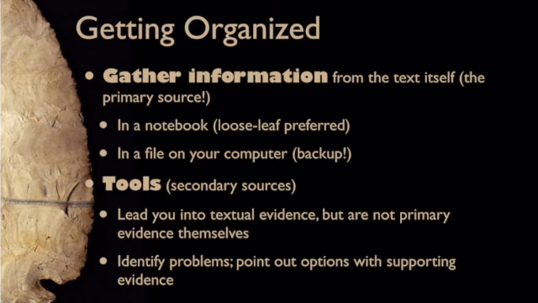Or if you use a computer, I use Google Keep, so you might have one problem in one file. And the nice thing about something like Evernote or Google Keep or OneNote is that it automatically backs up. And so look at the text itself and think through the various ways that a particular text could be used.